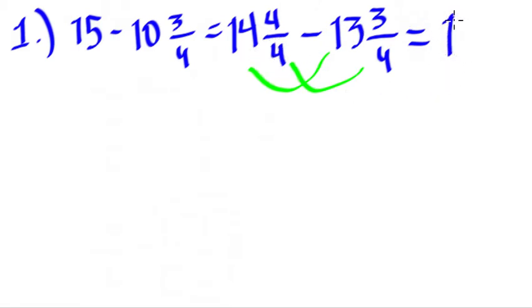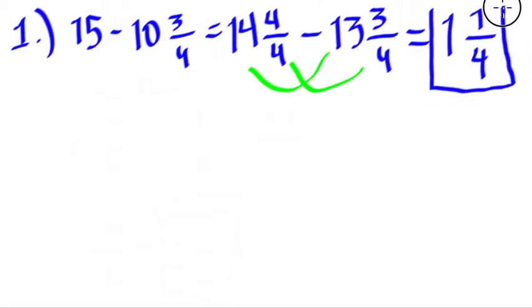Then we have similar fractions, so we copy the denominator, and 4 minus 3 is 1. Therefore, our answer for number 1: 15 minus 10 and 3/4 is equal to 1 and 1/4.